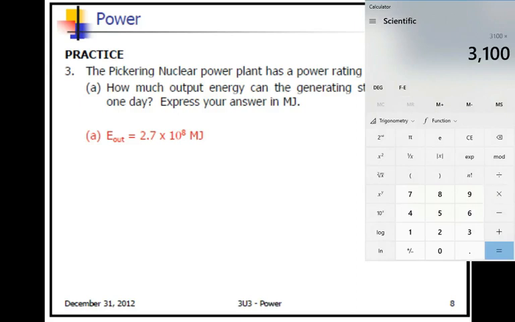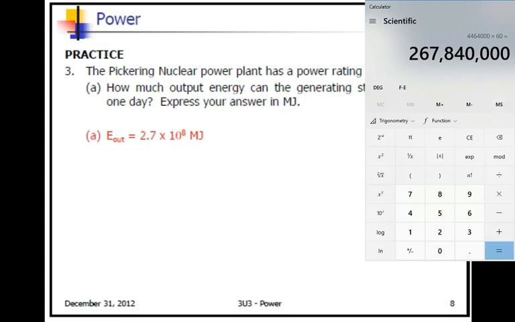We have to multiply that by 24 hours, multiply that by 60 minutes, and multiply that by 60 seconds. That gets us to 267,840,000. And that's equivalent to 2.7 times 10 to the power of 8 megajoules, because we started with megajoules. So it's a significant amount of energy we can generate in a day.